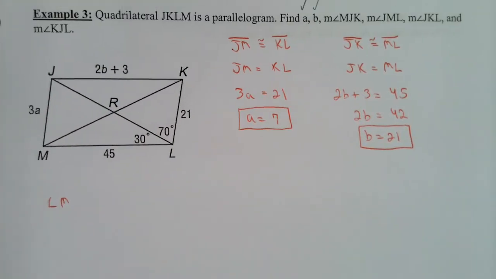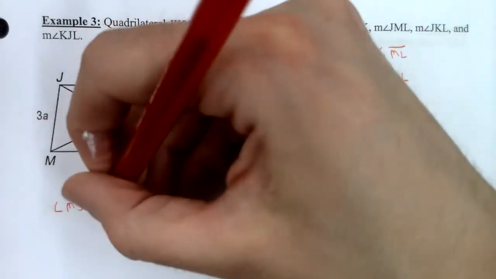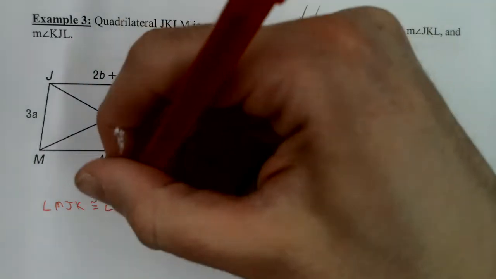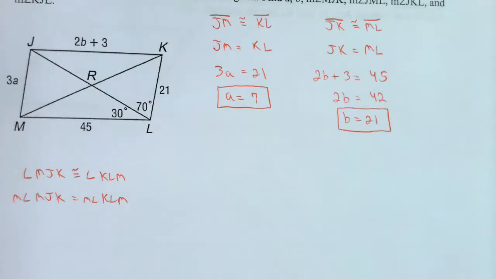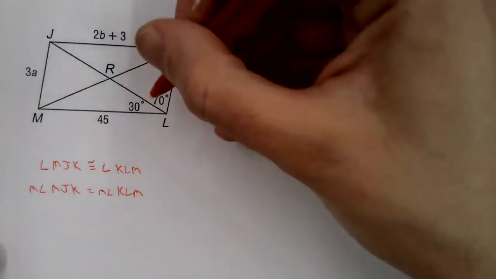Okay, so the angle MJK is what we're looking for. We know that angle MJK is congruent to angle KLM because they're opposite angles. So the measure of angle MJK equals the measure of angle KLM. So it equals 70 plus 30, which is 100.